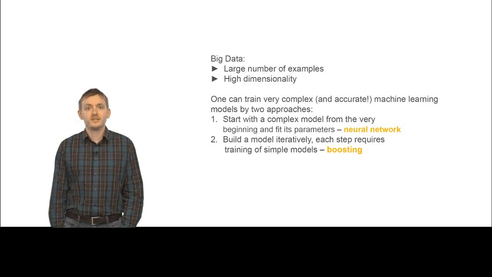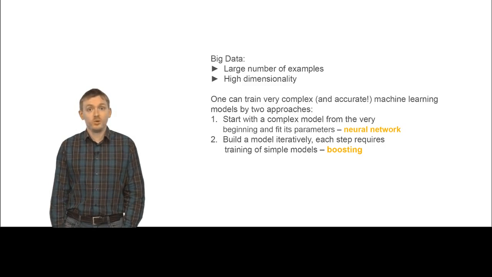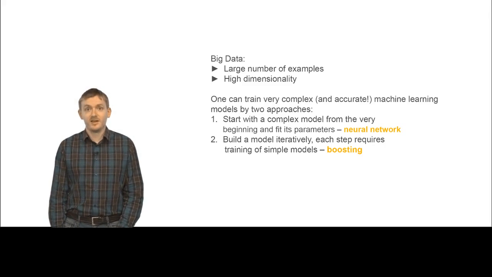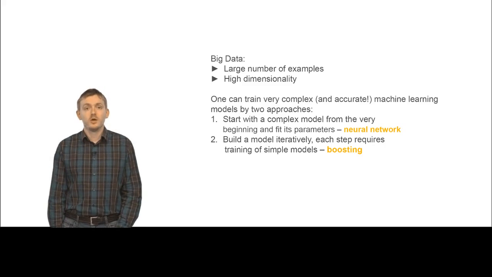And the second way is to build a complex model iteratively, where each step requires training of a simple model. In the context of boosting, these models are called weak classifiers or base classifiers. We will proceed the latter way.